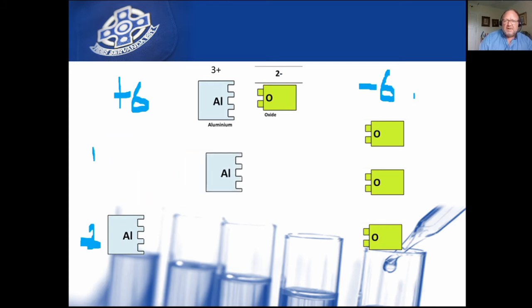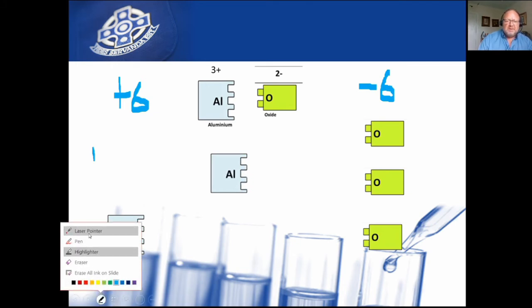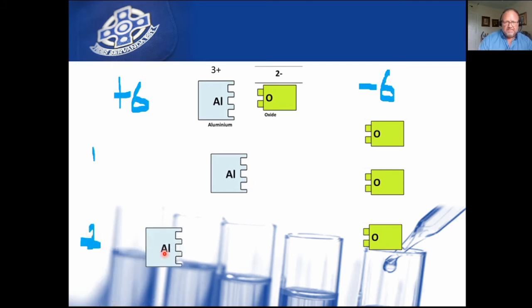You have aluminium 3 plus, which means I can accept 1, 2, 3 electrons. Then you have another aluminium 3 plus. So now it can accept a total of, it wants to give away, sorry, 1, 2, 3, 4, 5, 6 electrons. And oxygen now, look how many it can accept. 1, 2, 3, 4, 5, 6.